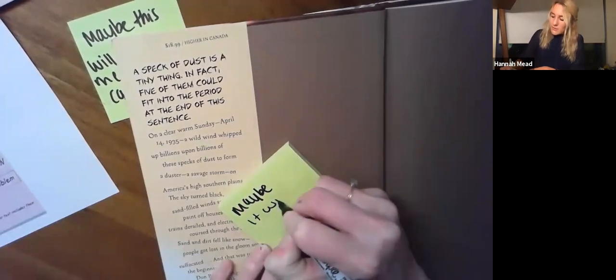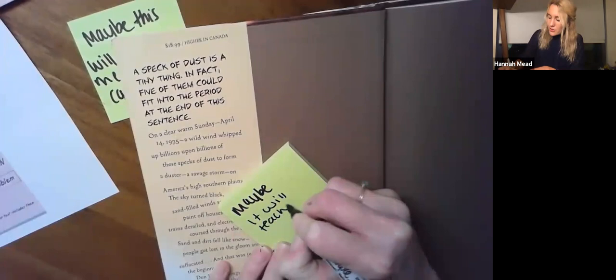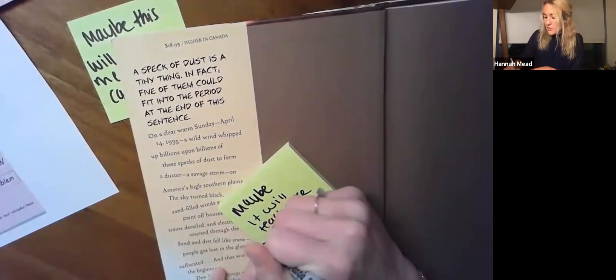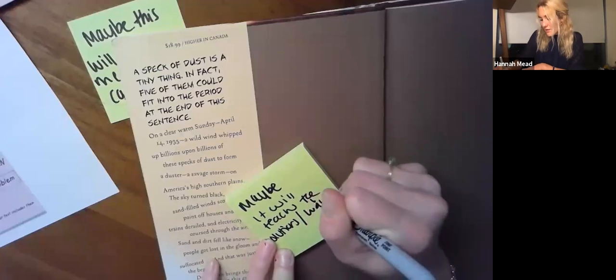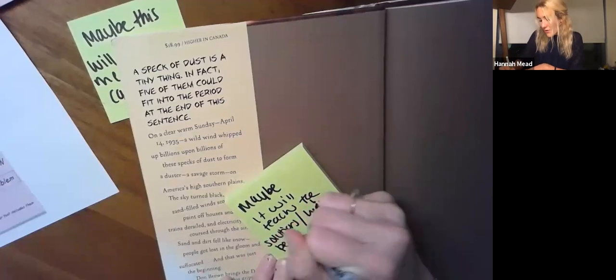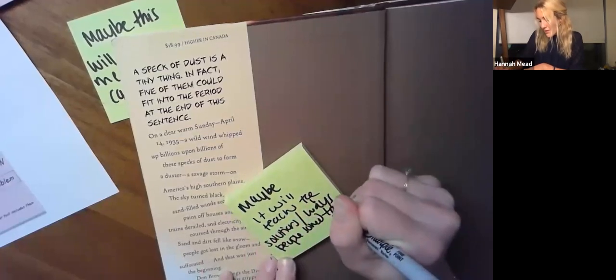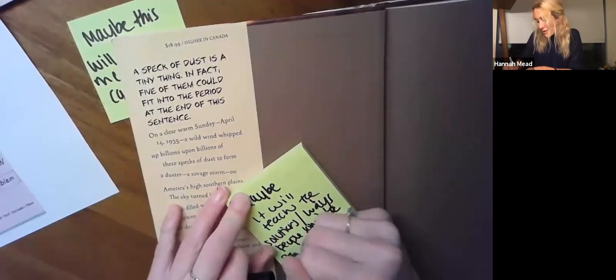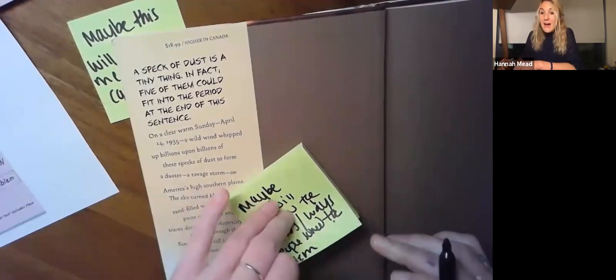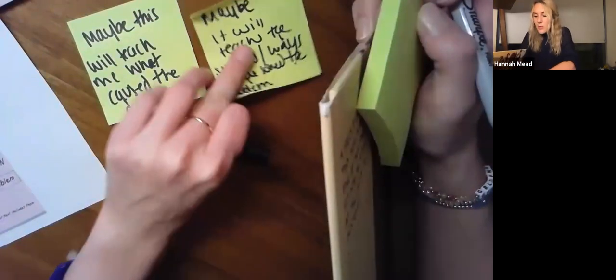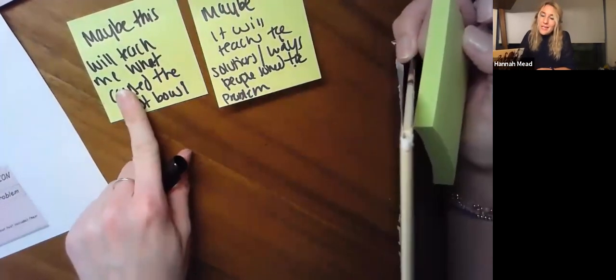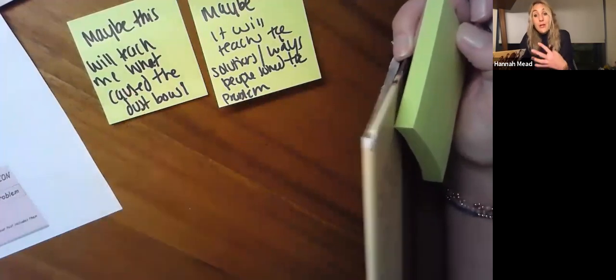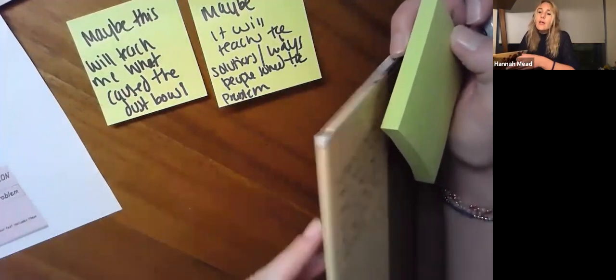Maybe it will teach the solutions, ways people solve the problem. Like maybe it'll be focusing on the aftermath and what people had to do to help. So do you see how my predictions also have text structure in mind? That will help me to figure out a really clear main idea.